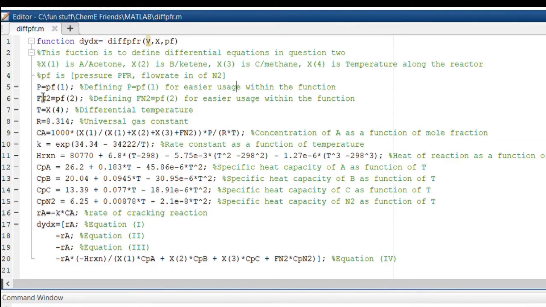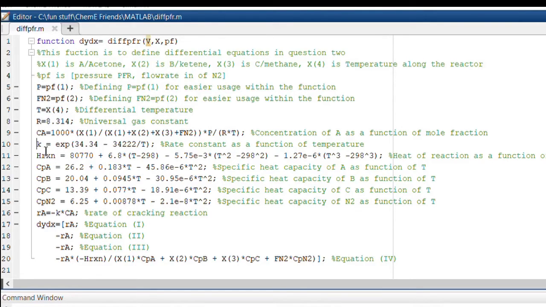So we'll define P equals PF1, which is the pressure of the PFR, and Fn2 as PF2, as already discussed that PF consists of both the pressure as well as the flow rate of nitrogen, and T equals X4, which is the temperature. We are defining R, the universal gas constant, and we are writing Ca equals the equation that we have already discussed, the concentration of A as a function of temperature.